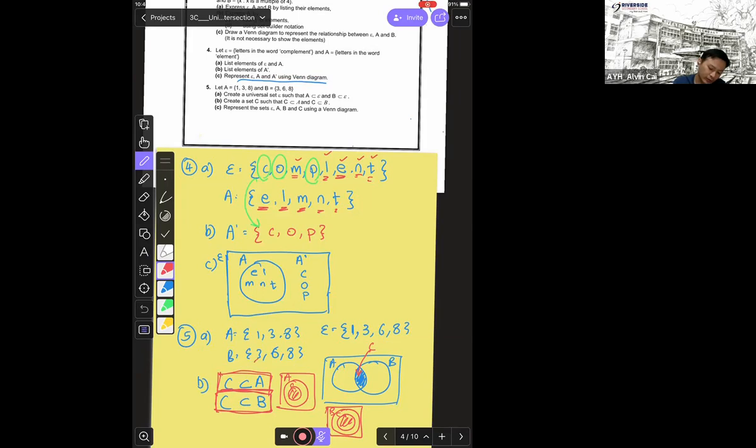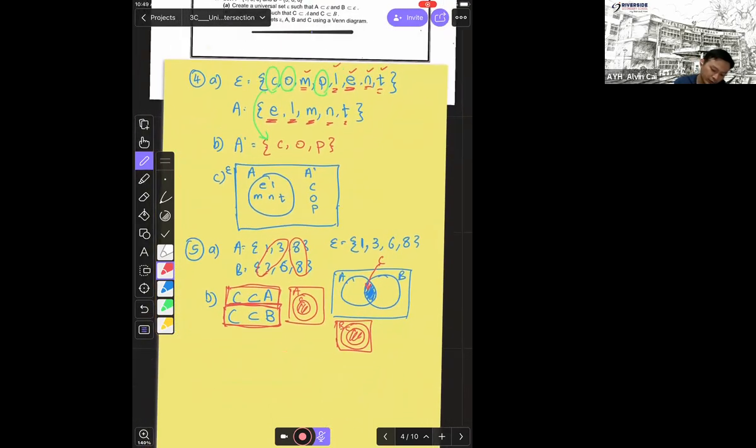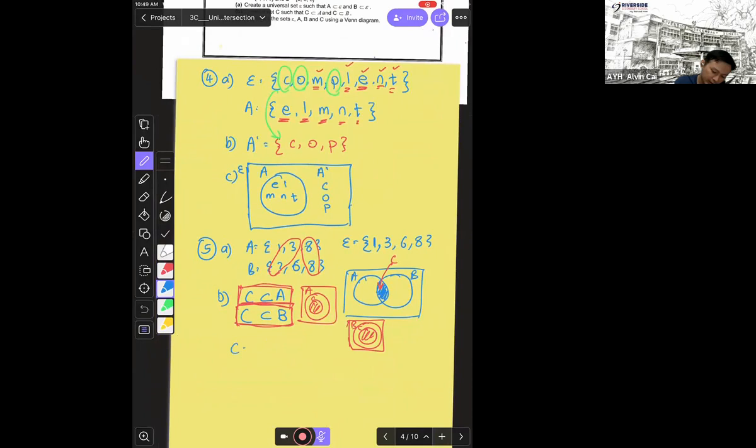Okay, the common numbers that both A and B have. The common numbers A and B have are of course 3 and 8. So if we do it this way, then C must be equal to 3 and 8.